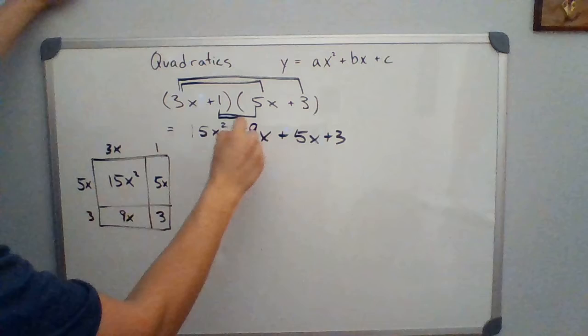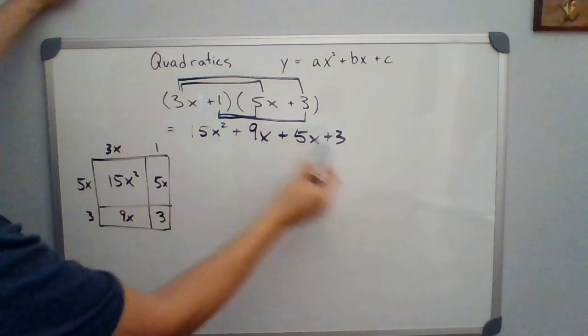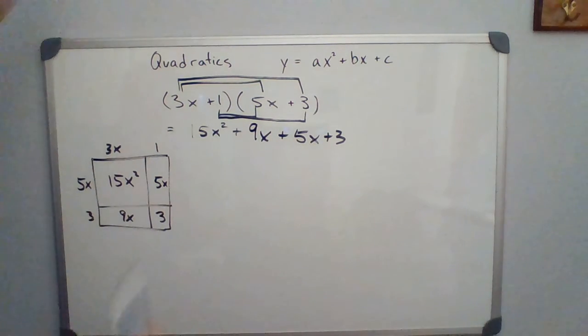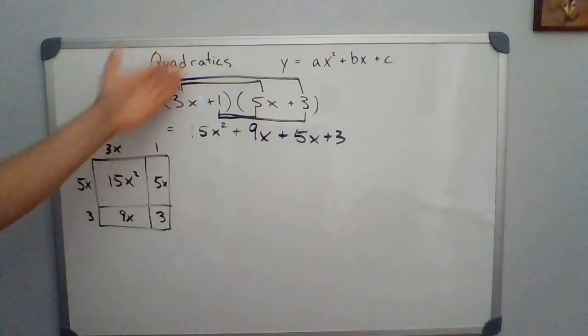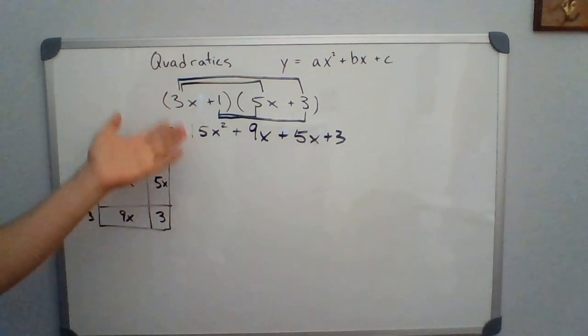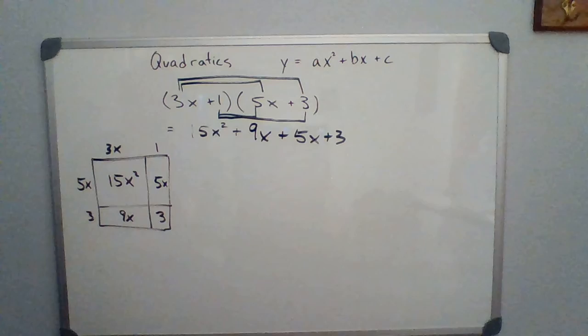And then we're taking the last terms and multiplying them to get that. And then we're adding them all up. And the two middle terms will always combine, depending on if they're in this form. Alright, so this is called the FOIL method: first, outside, inside, last. If you're familiar with that.